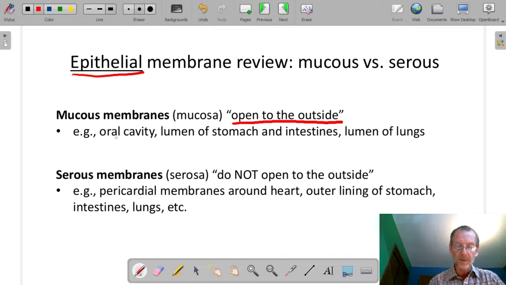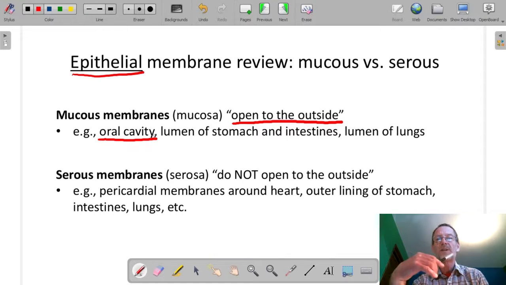So for example, your oral cavity is lined with oral mucosa. That's a mucous membrane. You can go down the esophagus. The lining of the esophagus is a mucous membrane, as is the lining on the inside of the lumen of the stomach. Those all open to the outside, more or less.